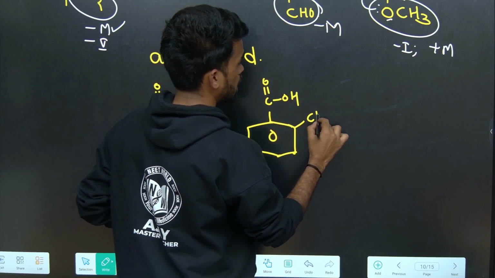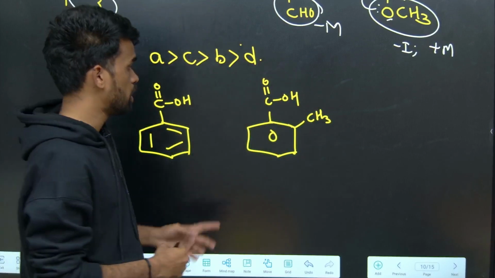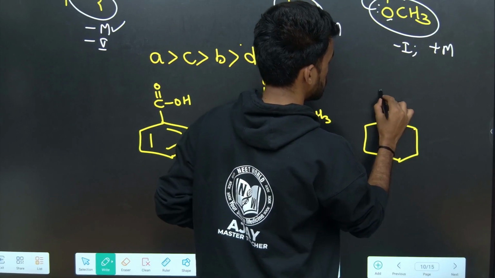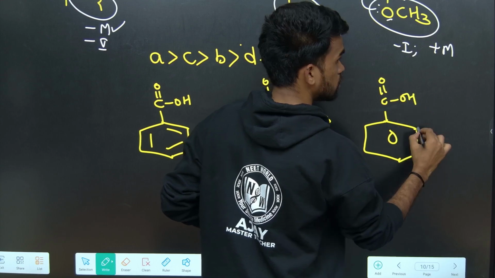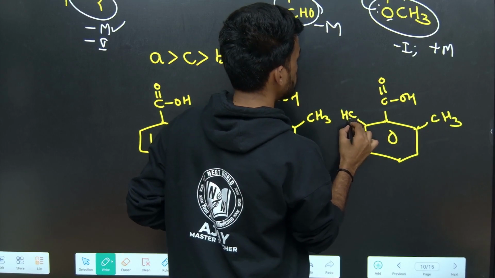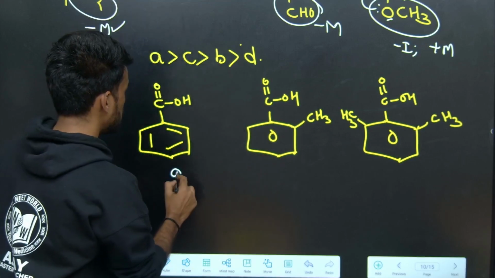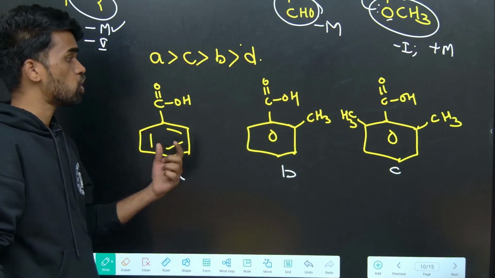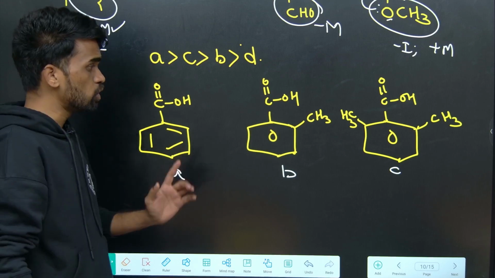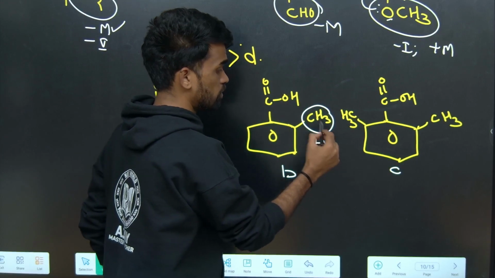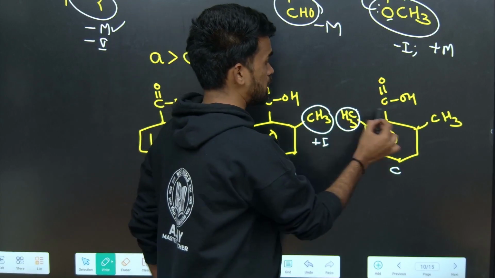Here I have an electron releasing group, an alkyl group, and one more here, CH3. So now tell me, out of this A, B, C, which carboxylic acid is more acidic? So we know alkyl groups are plus I groups. We can say here also these are two plus I groups.